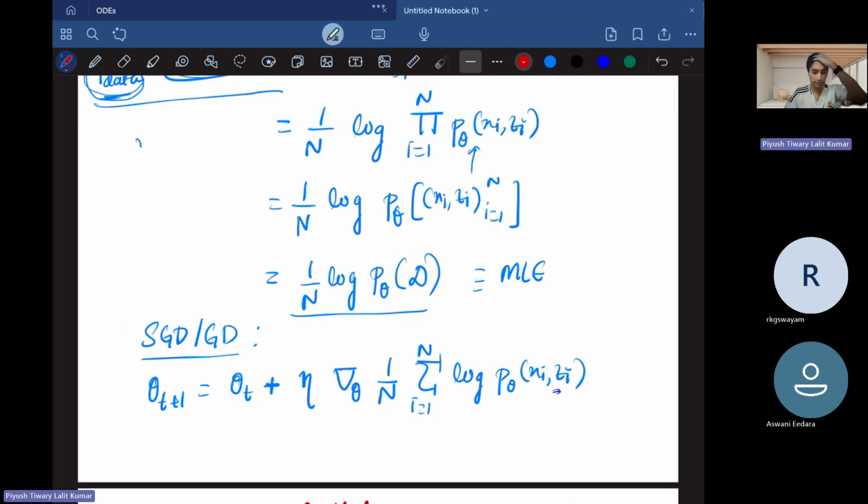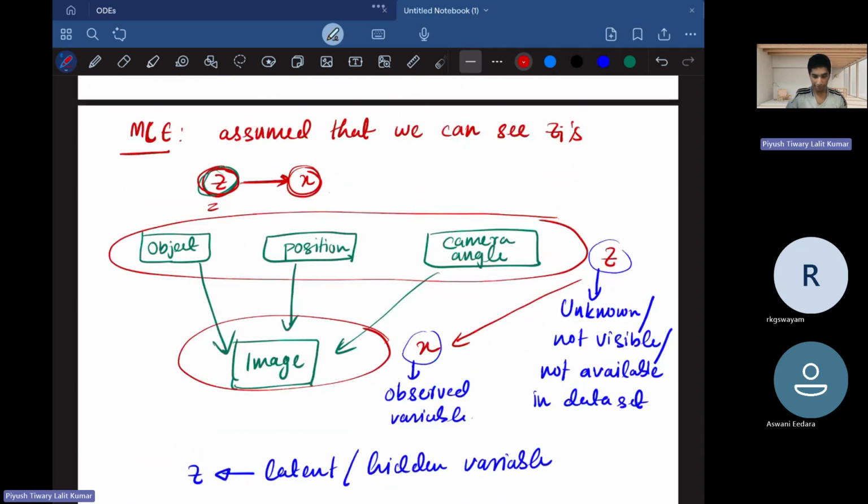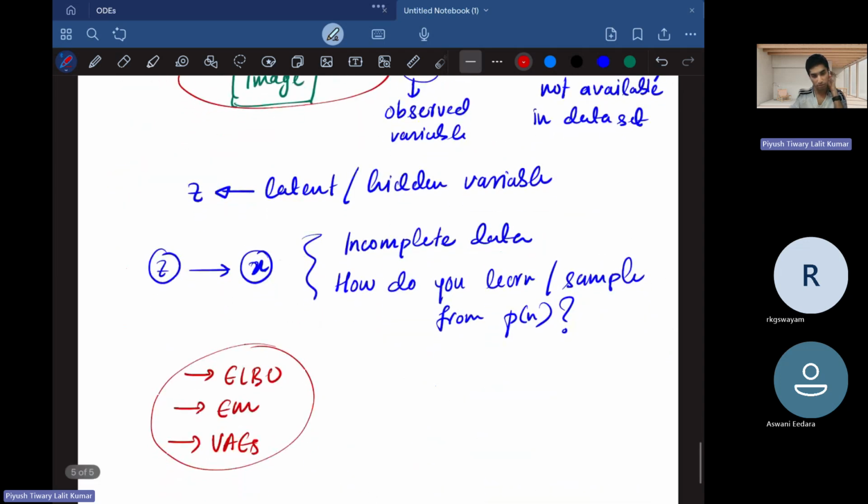But if that is not the case, for example in the case of images, where something is hidden and you are not able to see it, then the question arises: how do you learn the distribution, or sample from the distribution of X? That is the core problem of generative modeling at the end. So this is where we are going to stop today, and the stage is set for the new topics that we will see next time.